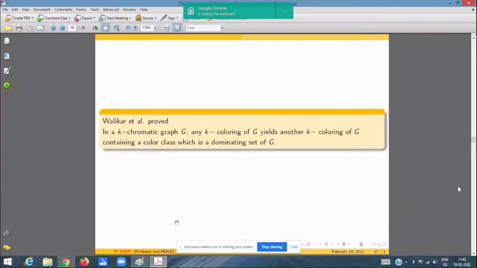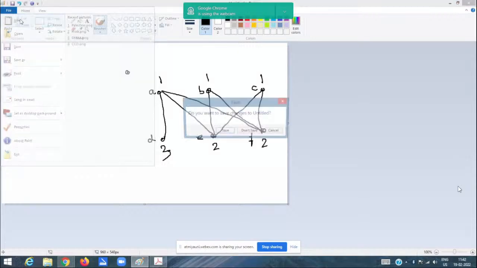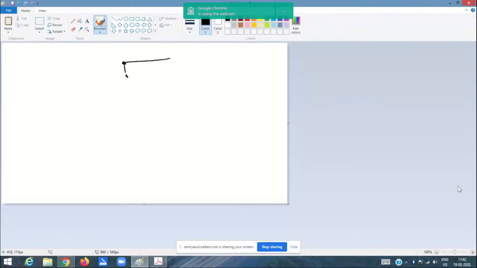For example, if I take this particular graph, I have a C4, an edge, and a triangle.